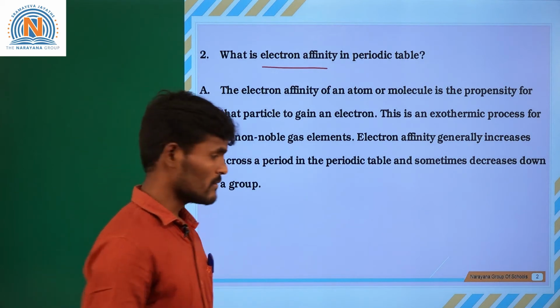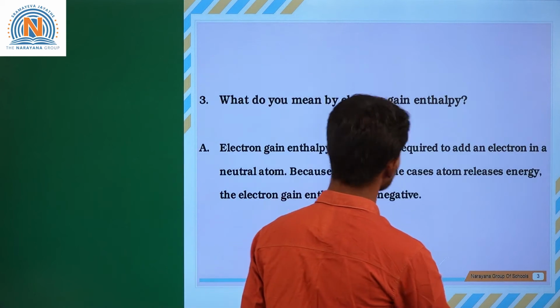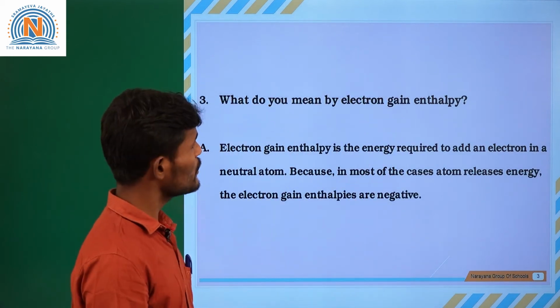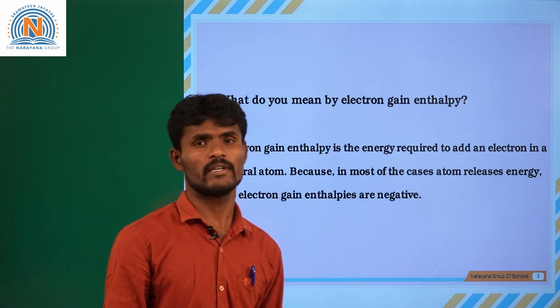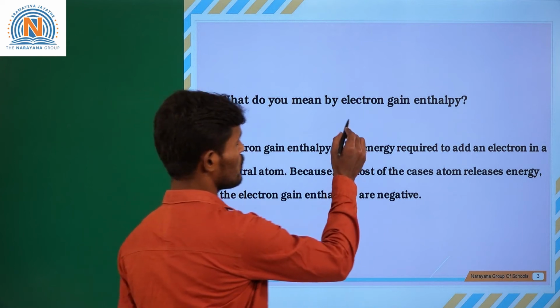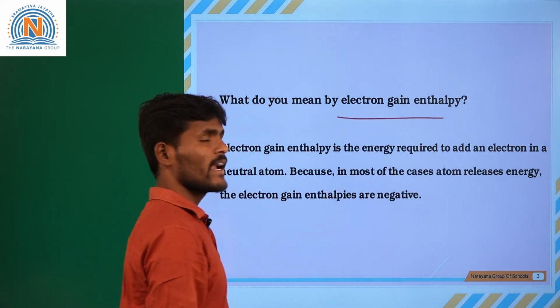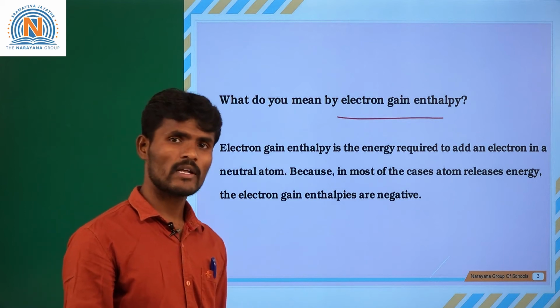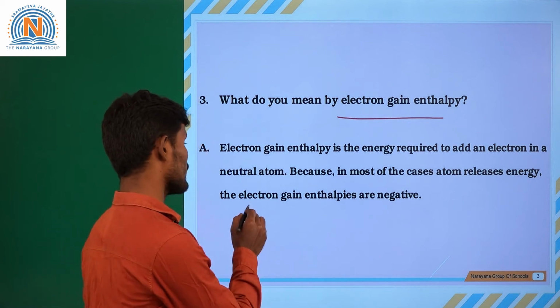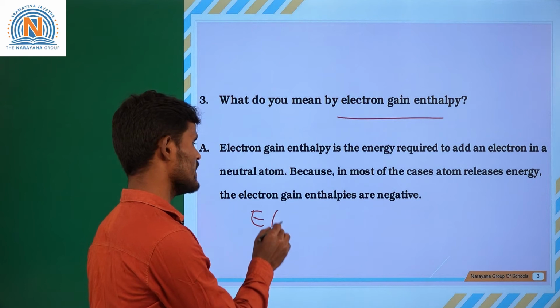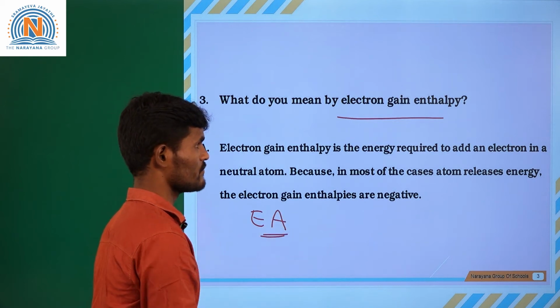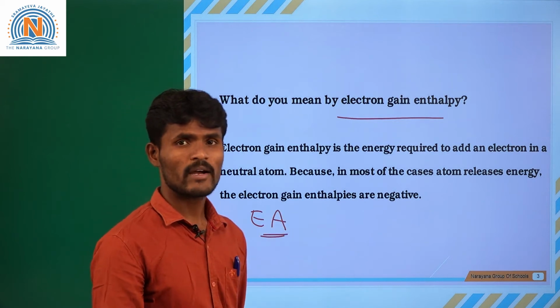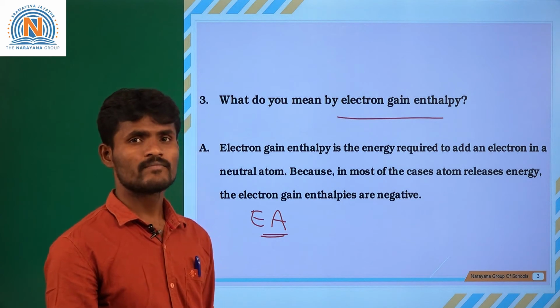Next, third question. What do you mean by electron gain enthalpy? Electron gain enthalpy is also called electron affinity, in short form EA. What is the meaning of electron affinity?